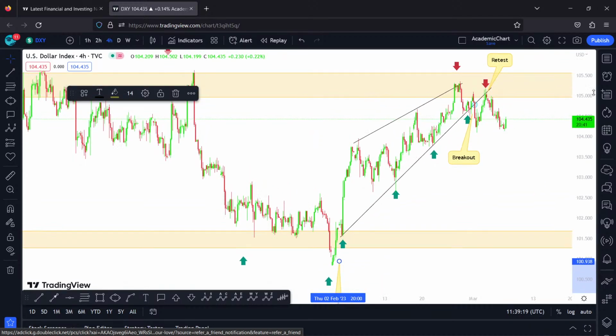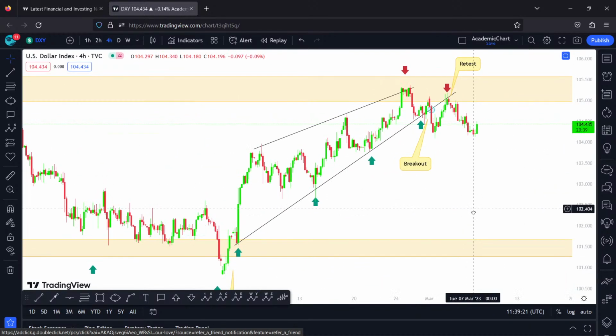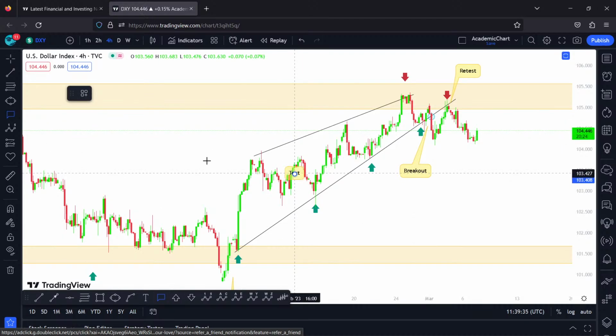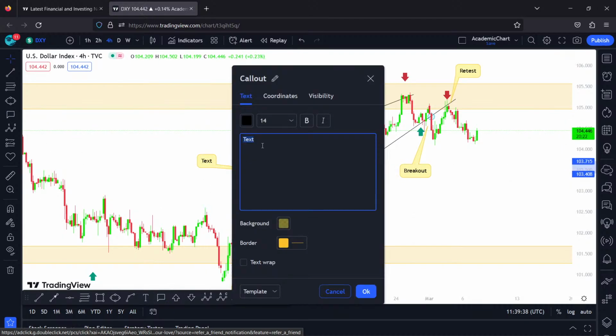We know that now after this we are going to have some sort of impulsive wave or something like that, and we started with one impulsive wave. I don't want to dig into the wave counting anymore here, but I'm seeing enough indications that okay, I have a rising wedge pattern.